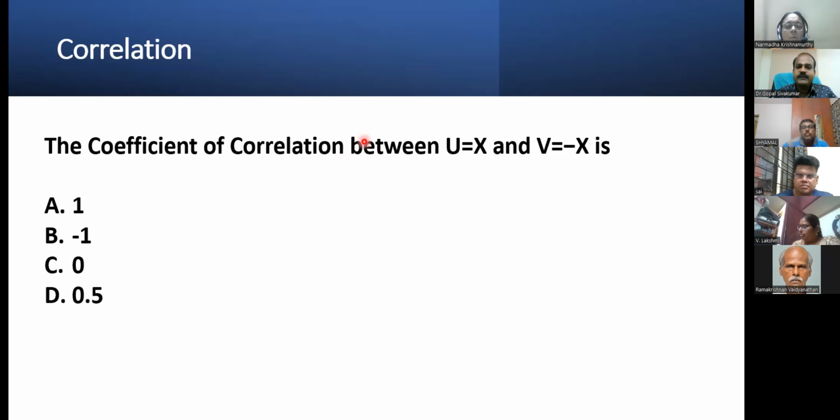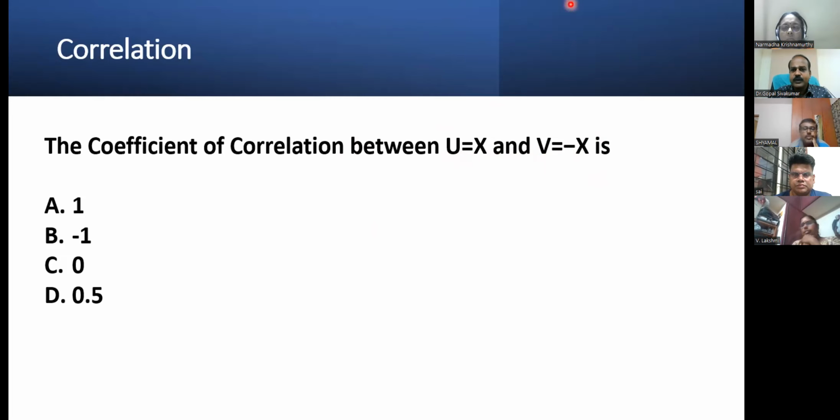81%. The coefficient of correlation between two variables, U and V, which are related like this: U equal to X and V equal to minus X, which means U equal to minus V. Am I right? Yes, sir. So what is the coefficient of correlation?